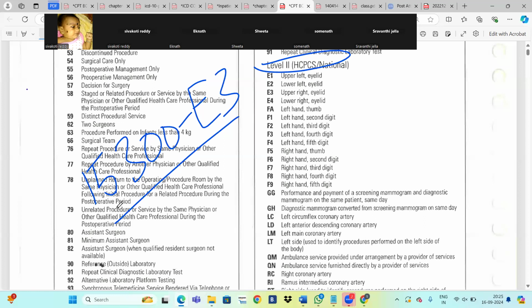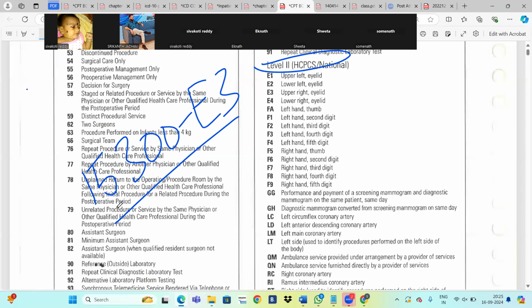If you have not added E3, it is not possible to identify the eyelid location. So that's why you need to use these modifiers.